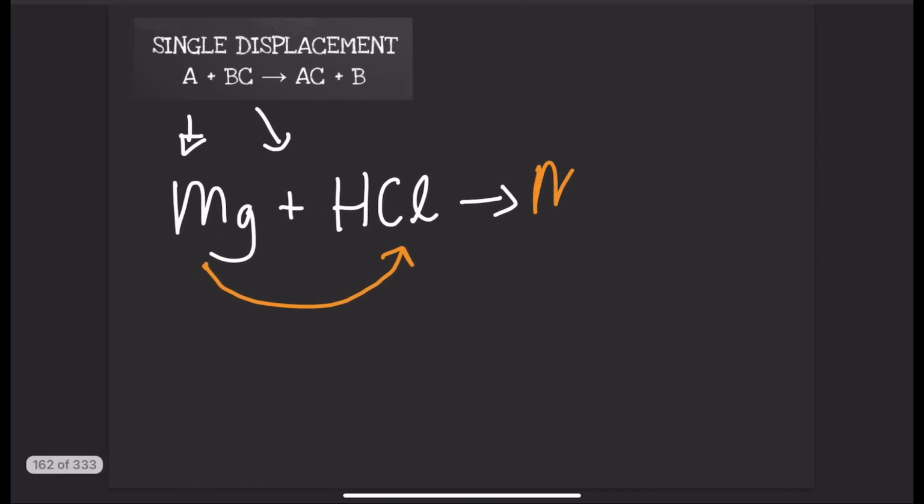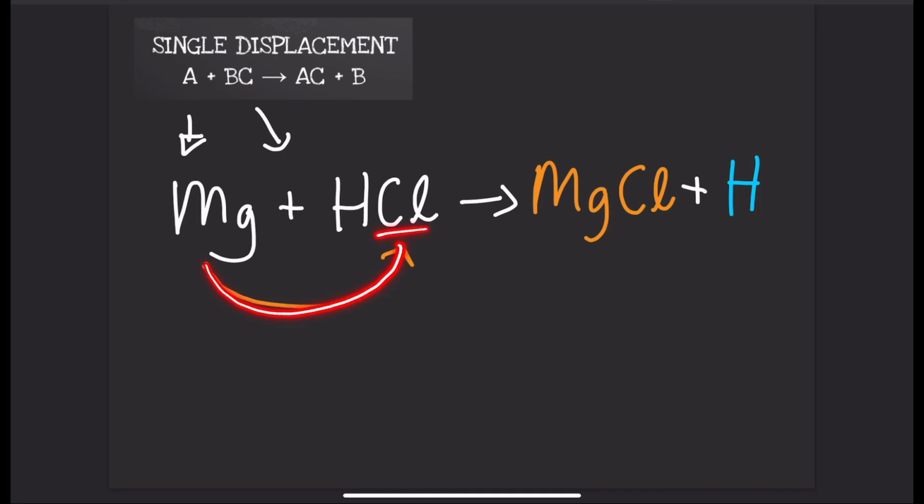So you end up with magnesium chloride plus hydrogen. This is a single displacement because only one was replaced. Magnesium paired up with chlorine.